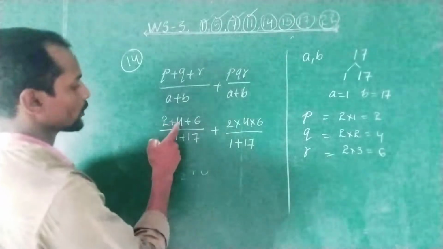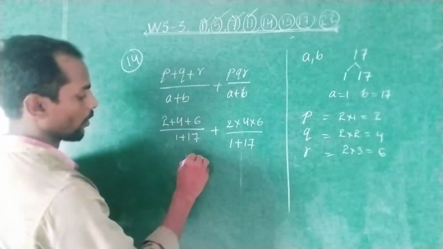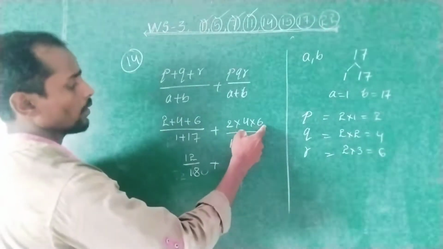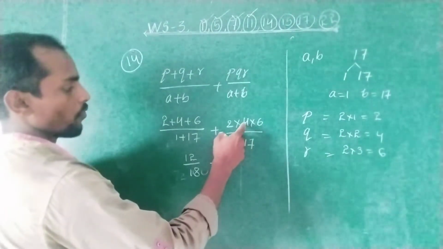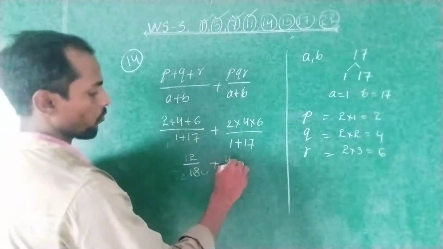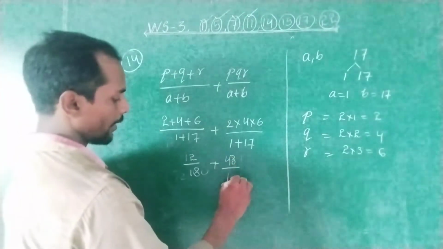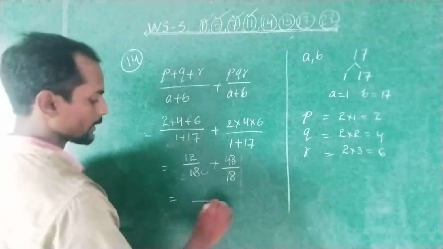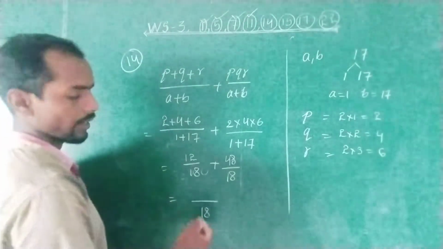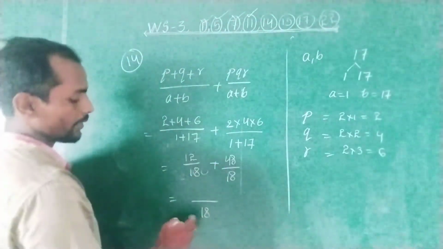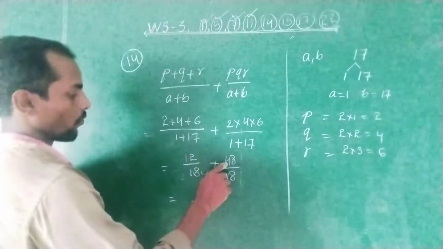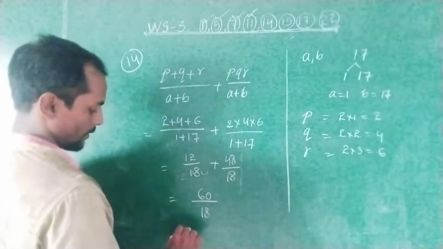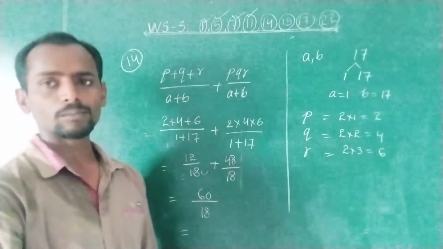Now here 2 plus 4 is 6, plus 6 is 12. 12 by 8 plus 6 fours are 24, 24 twos are 48, 48 by 8. So like fractions came, the common denominator is 8. Sum of the numerators by the common denominator. 48 plus 12 gives 60. So it is not in the simplest form.